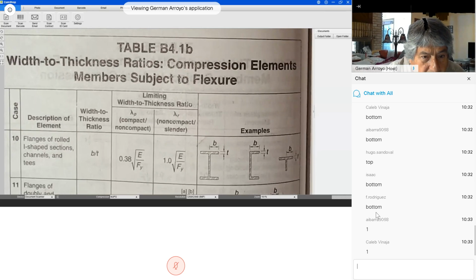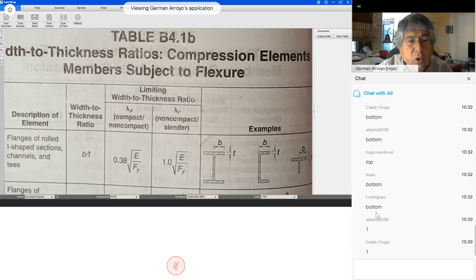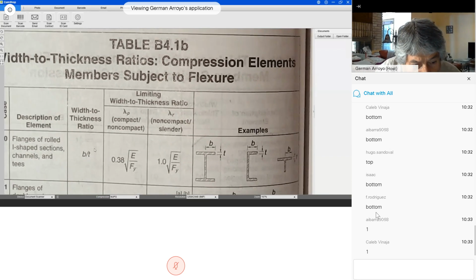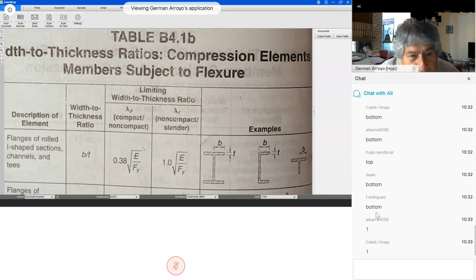In this table, you have the lambda sub p and the lambda sub r that we use in the previous equation. Look, when b over 2 times the thickness of the flange is smaller than 0.38, the flange is compact.